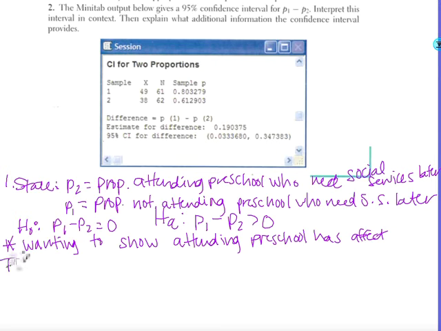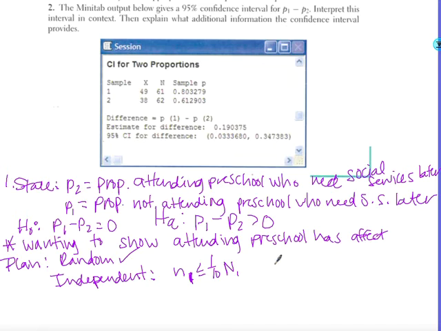All right, so for your plan, you've got to check random. So it tells us that the groups were randomly chosen. You've got to check independent, which means you've got to do that 10% condition. So is n1 less than or equal to 1/10 of the entire population? Is n2 less than or equal to 1/10 of that entire population?